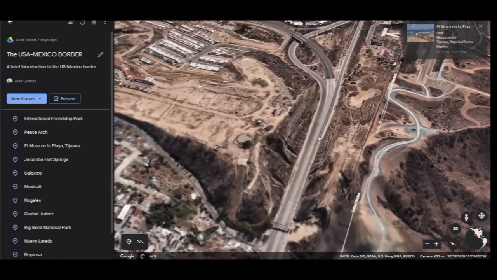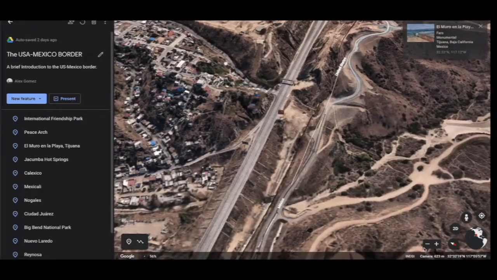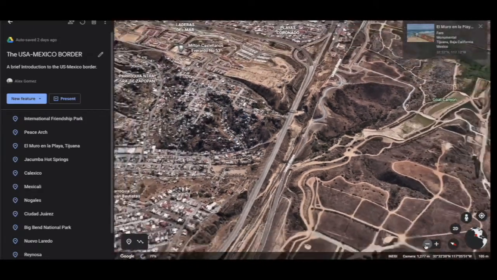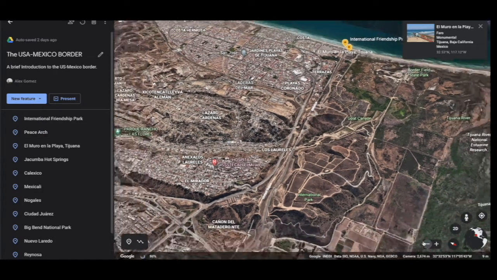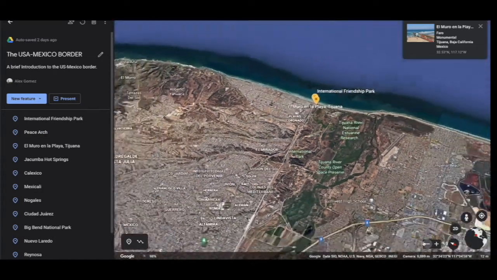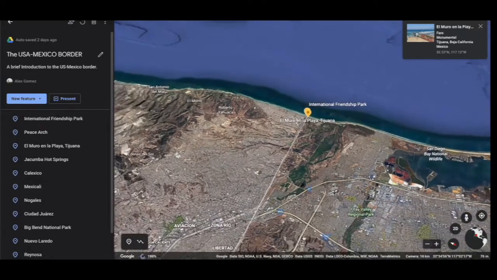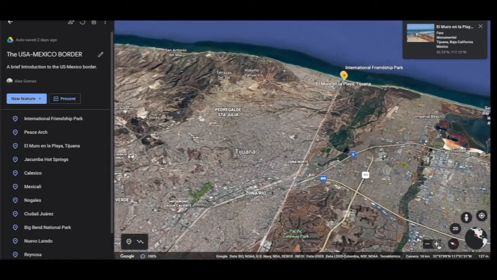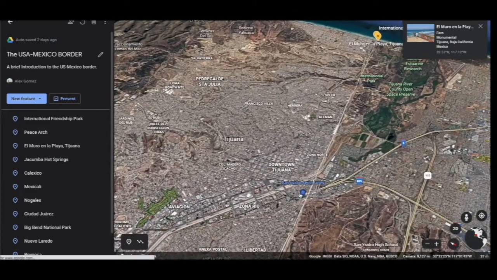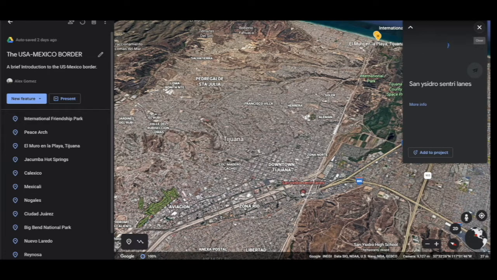So I wanted to go to the main, let me zoom out a little bit, and let's go to the main port of entry, because this is really, really interesting. This is right here, close to Zona Rio. That's a really nice part of town of Tijuana. And we have San Ysidro port of entry, which is the busiest border crossing on earth.